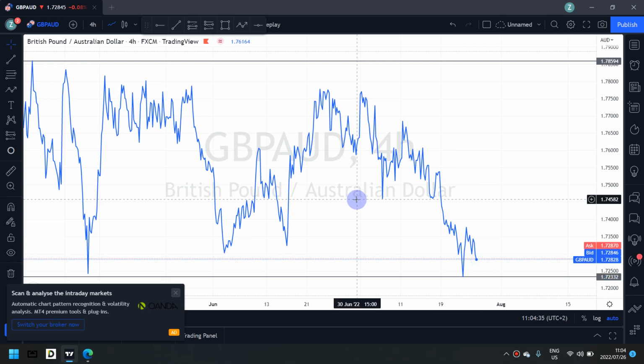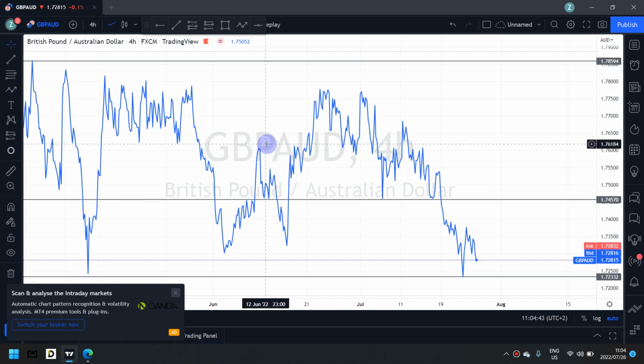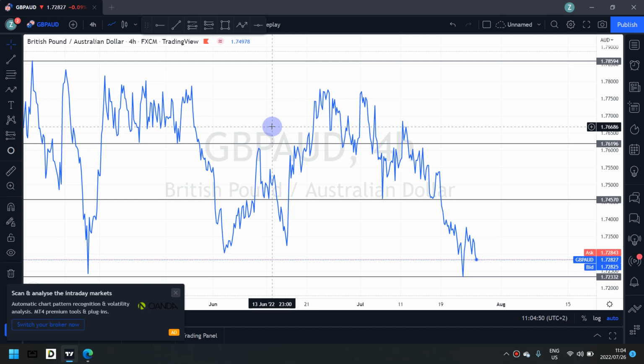So now catering for my other two key levels, which is my previous low and my previous high. As you all know, I usually have 4 key levels on the 4-hour time frame, right?